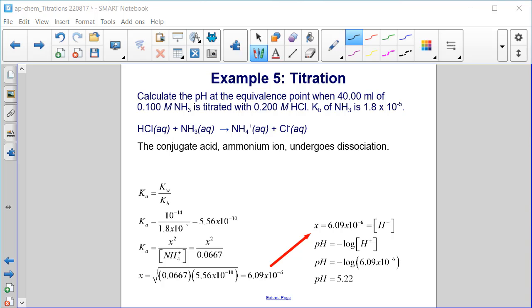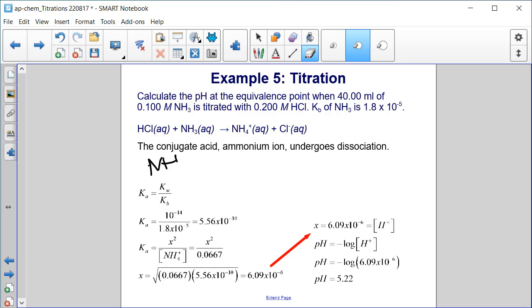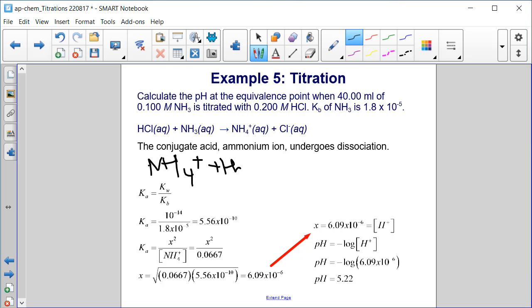The conjugate acid that's remaining in the solution, the ammonium ion, is able to dissociate in the water. And so in doing so, a new equilibrium is established, and we need to account for this equilibrium as we determine the pH.